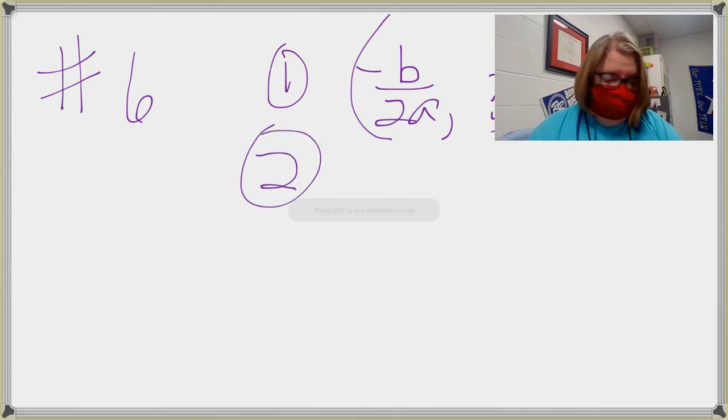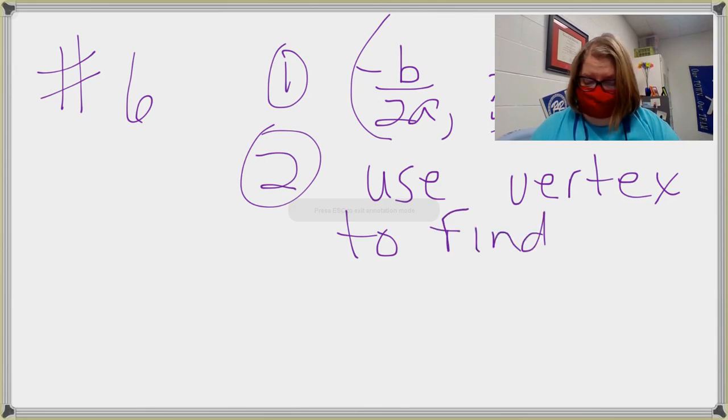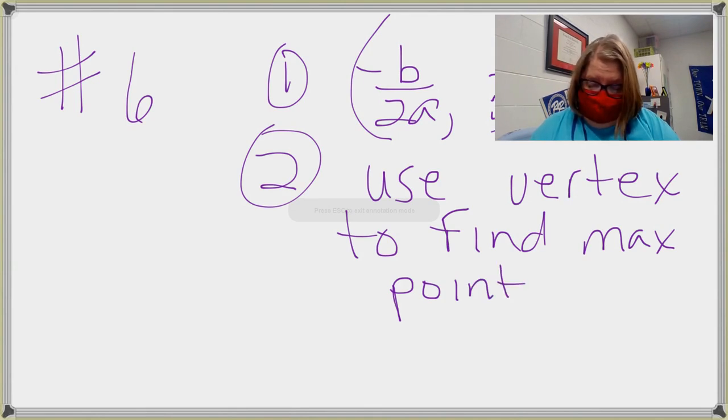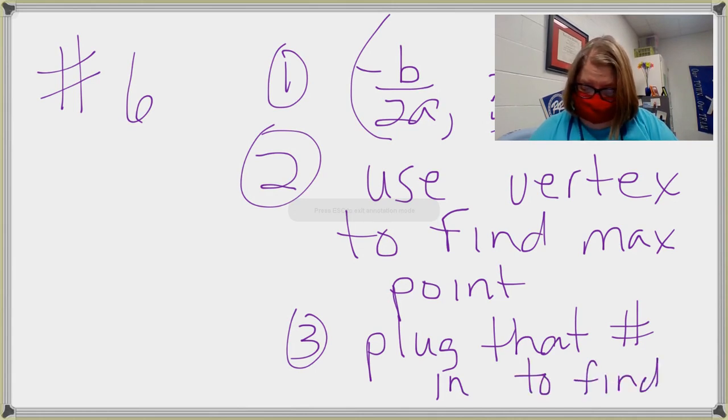It asks you in that problem about the maximum price. Once you have your vertex, that is the maximum point. Then take that number and plug it in to find the maximum price.